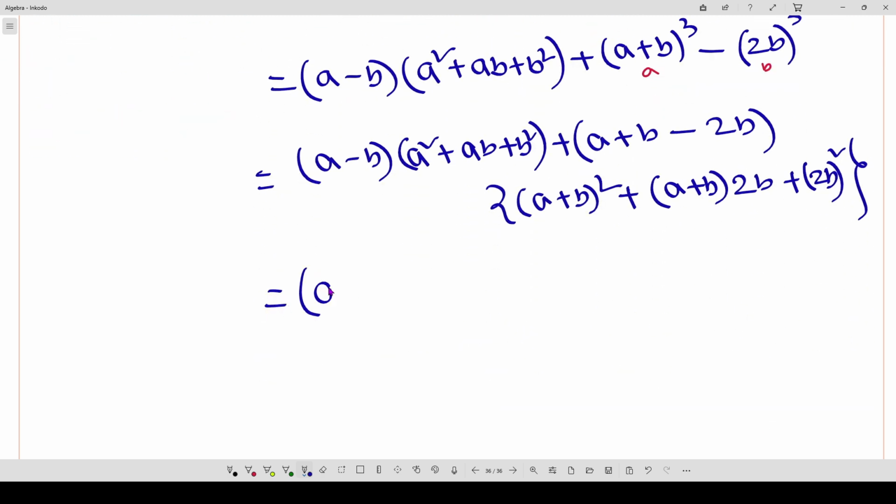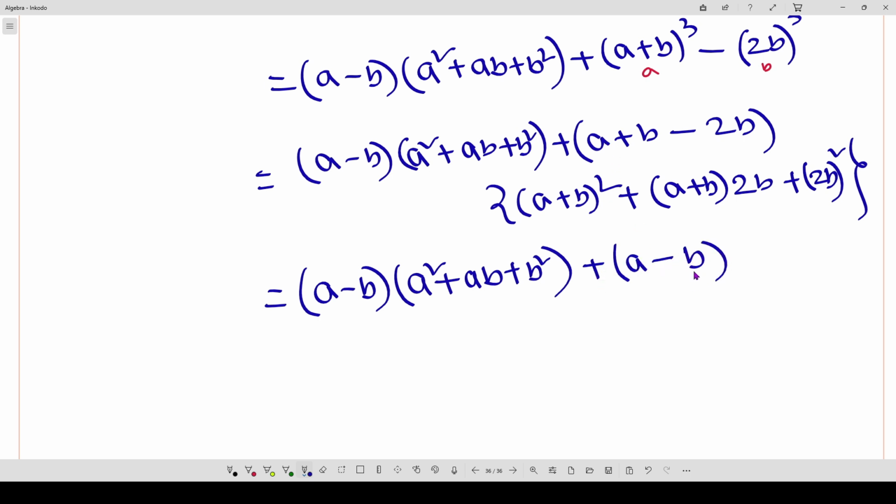Next, a minus b, a square plus ab plus b square, and then a minus b, because a plus b minus 2b is a minus b. Then here we can write a square plus 2ab plus b square, then plus again 2ab plus 2b square, and then 4b square.